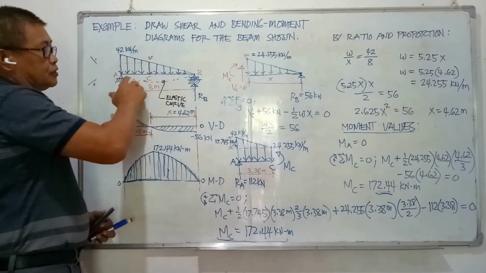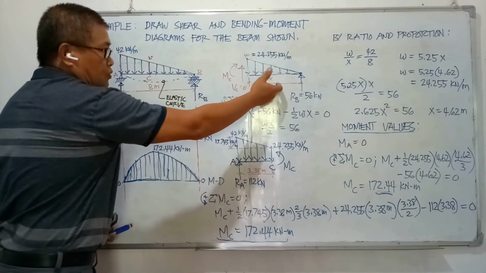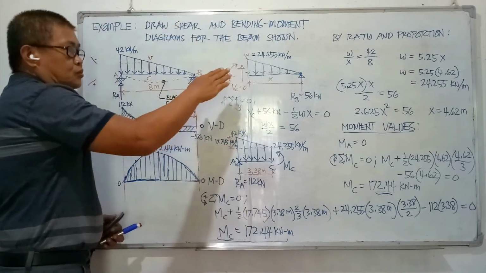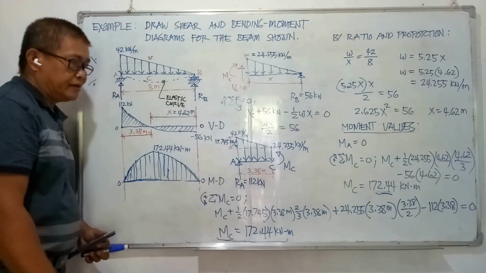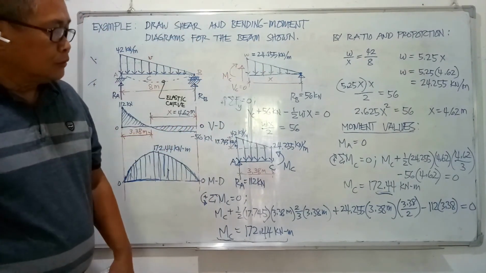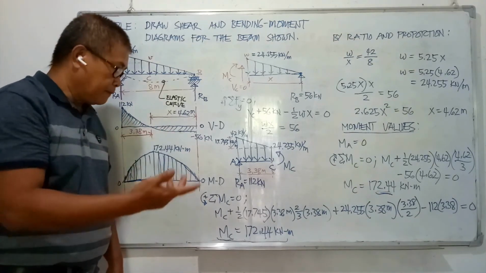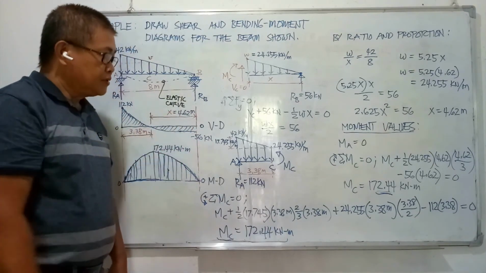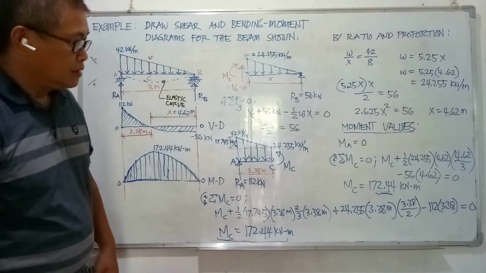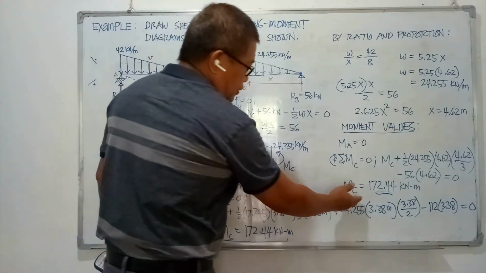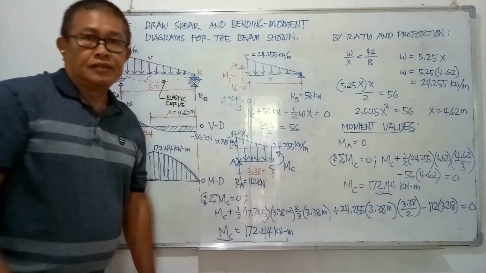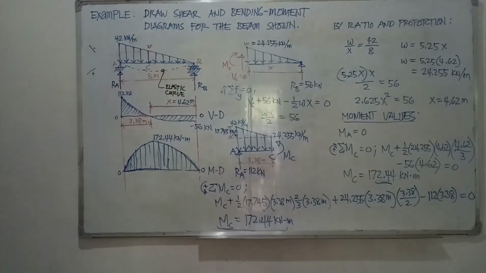If you reverse this, then you will also reverse this one and solve for the moment using this triangular loading only, to minimize the number of forces used in computing for moment. That's our sample for shear and bending moment.